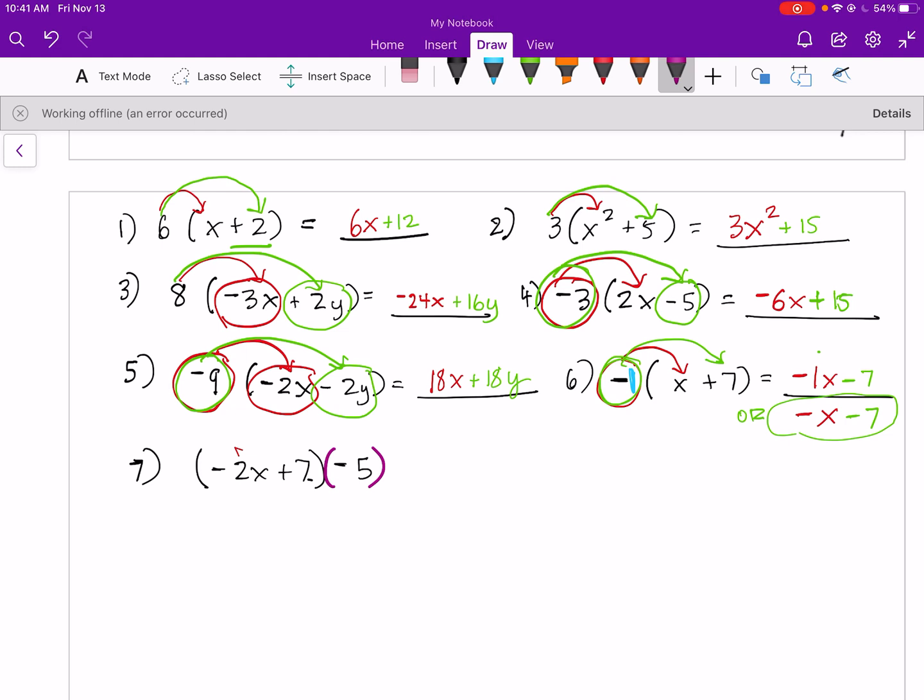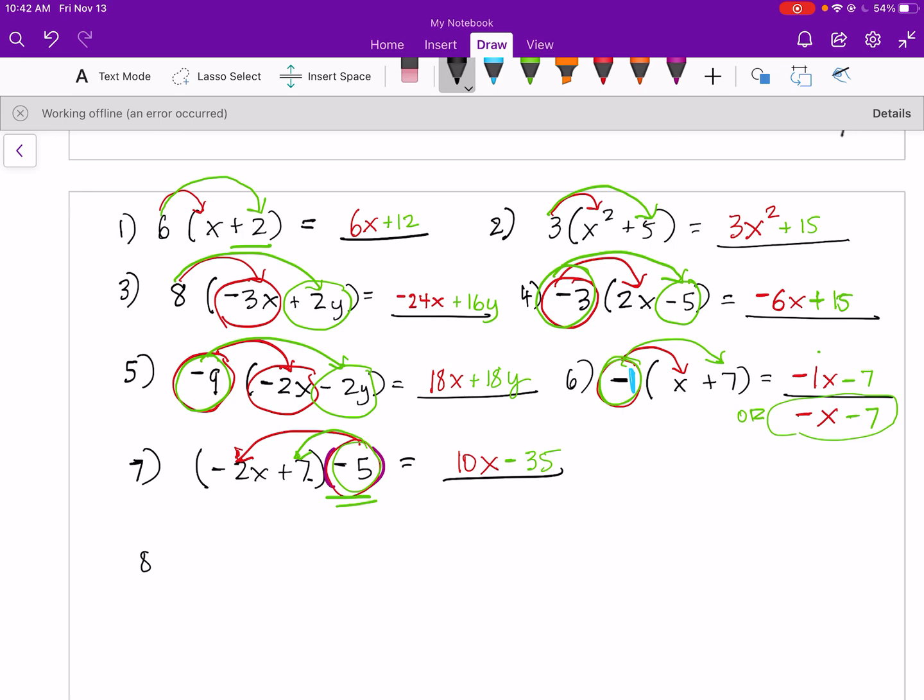But I just want to show you that the number to multiply could be on the back side at the end of it. So I have negative 5 times a negative 2x, which would be a positive 10x. And then I have a negative 5 times a 7, which is a negative 35. So don't let that fool you if it shows up at the end. Again, like I said, parentheses probably would be a little bit better around it so you don't get it mixed up with a subtracting of 5. But don't be alarmed if you see it like that.